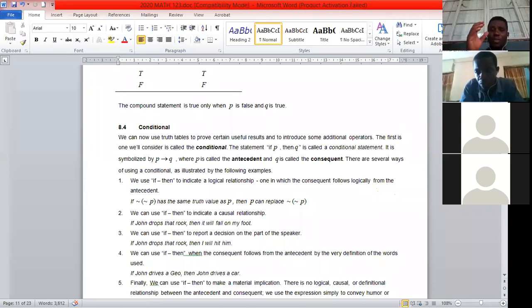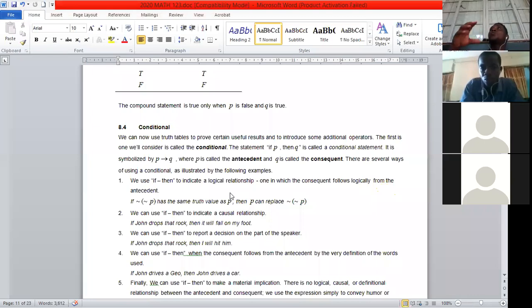So you have these connectives. These connectives are what I taught you with reference to disjunction, conjunction, and also the negation. But now we also want to move on with other connectives, and one of them is the conditional, and that is the arrow. This arrow is representing a conditional.